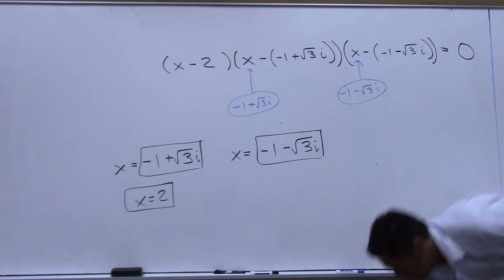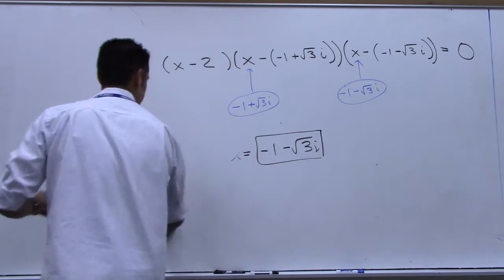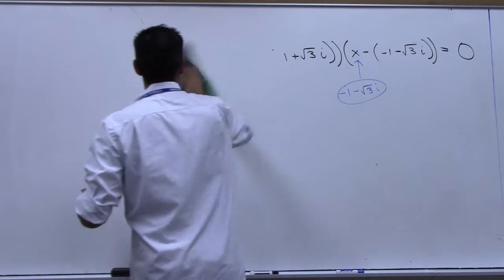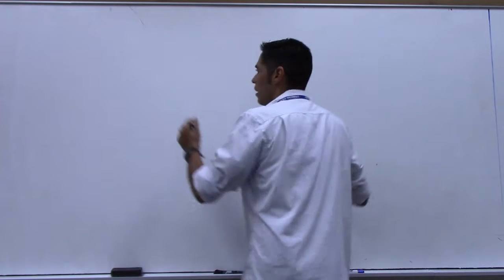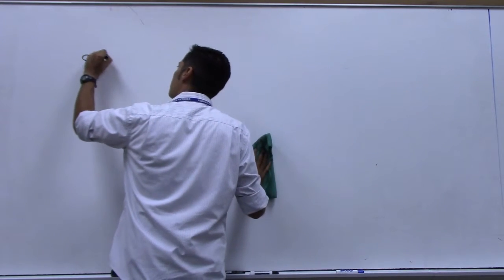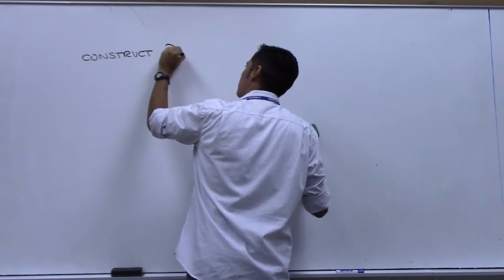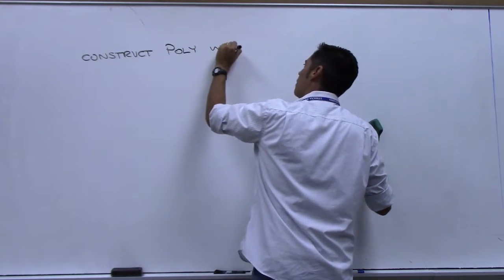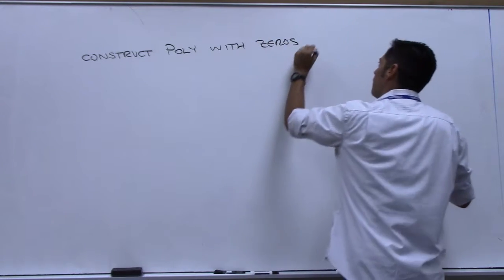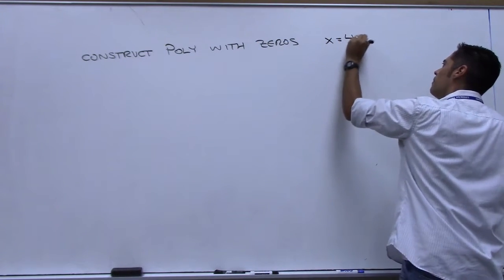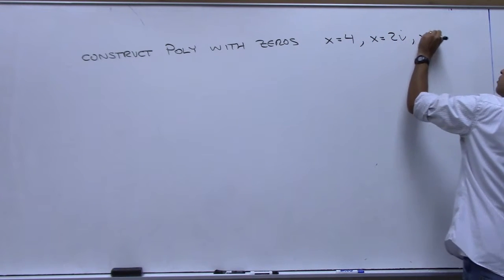All right? Let me give you a totally different example. What if I told you to construct a polynomial with zeros x equals 4, x equals 2i, x equals negative 2i.